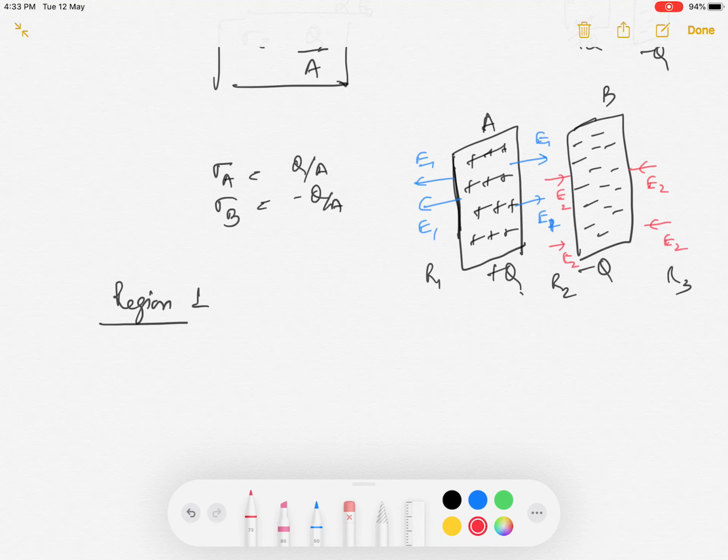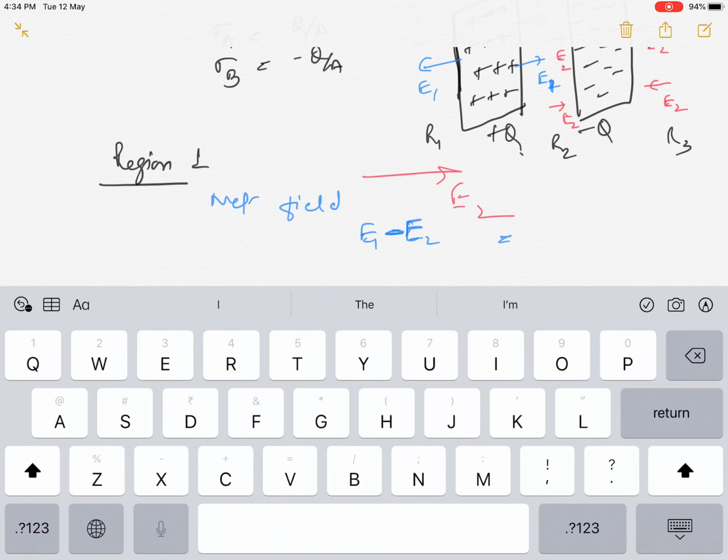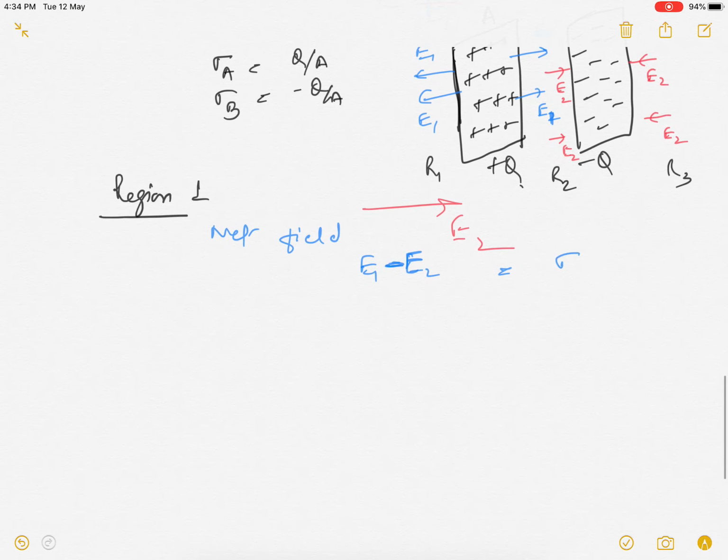In the first region, region 1, if we consider the effect of both the fields, E1 is outward and E2 is inwards. So the net field is E1 minus E2, that is sigma A upon 2 epsilon 0 minus sigma B upon 2 epsilon 0.